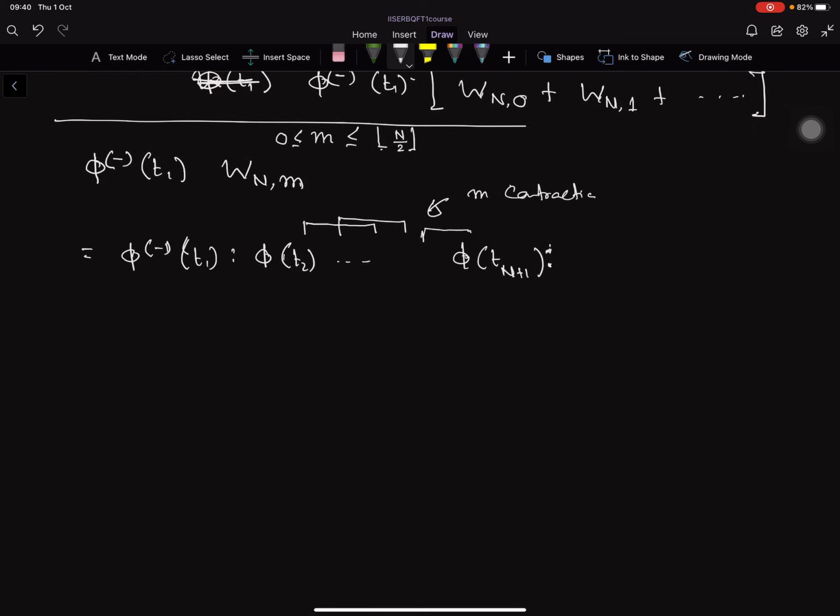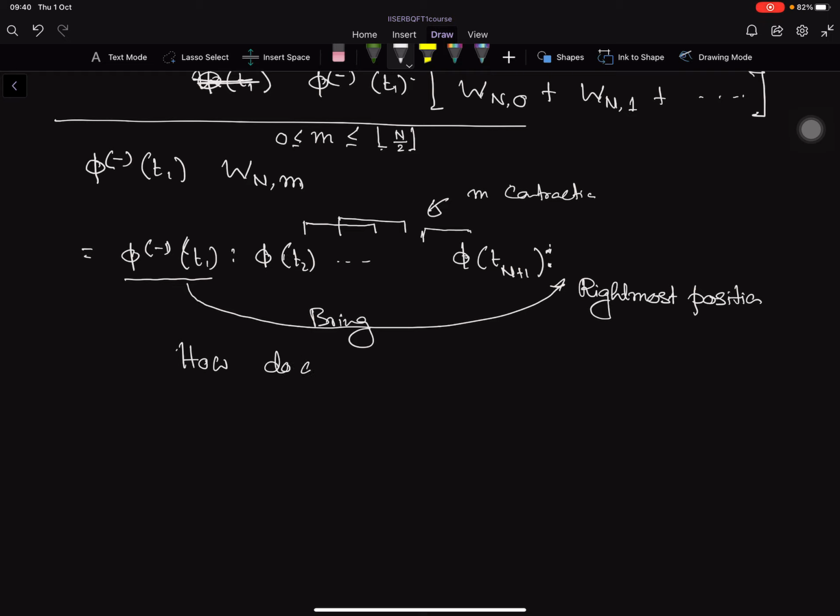So now what is the strategy? The strategy is that we have to bring it to the rightmost position. How do we do that? We bring it through using commutators, simply the same strategy as above.